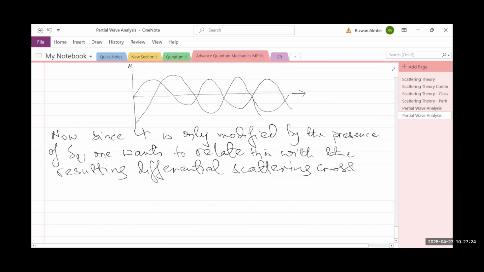We need to calculate the scattering cross section, differential scattering cross section.